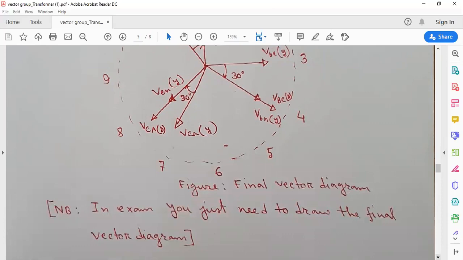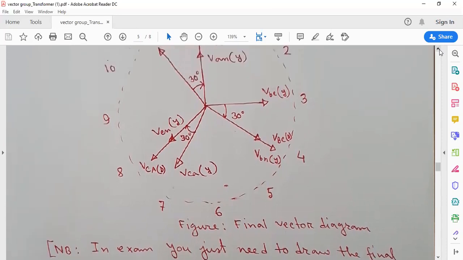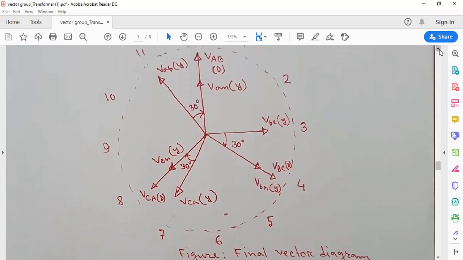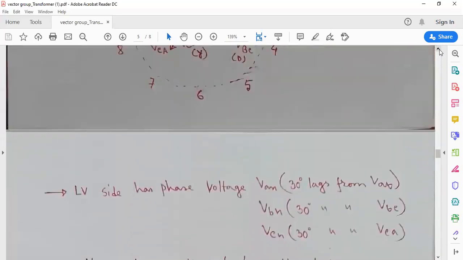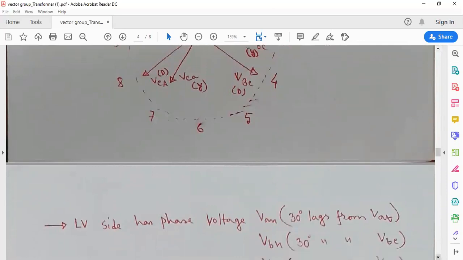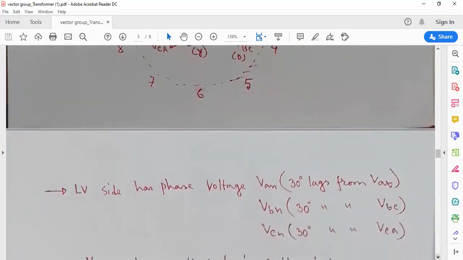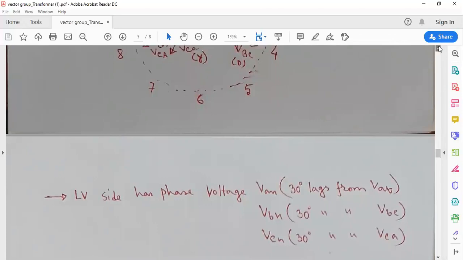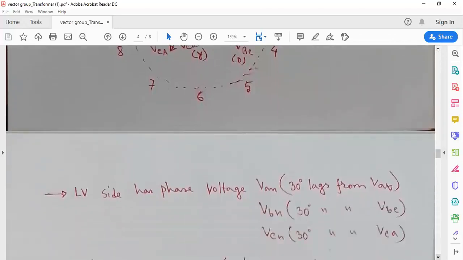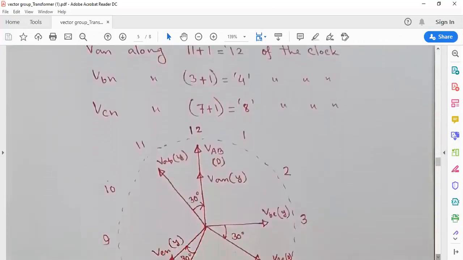I have to remind you something here for your understanding. I have drawn it step by step, and I have written some comments along the way. When you are answering in your script, you do not need to go through all the steps. You do not need to draw the step by step diagram.